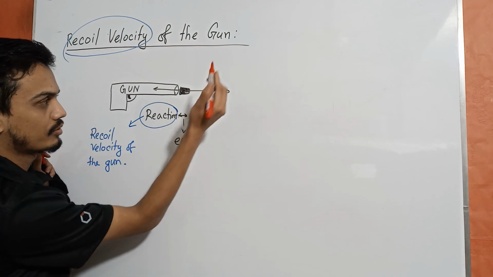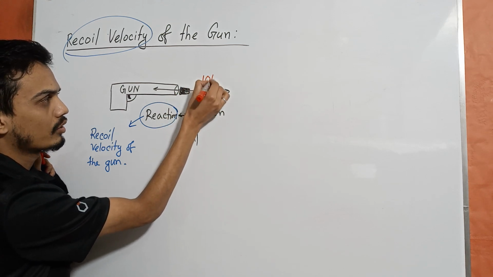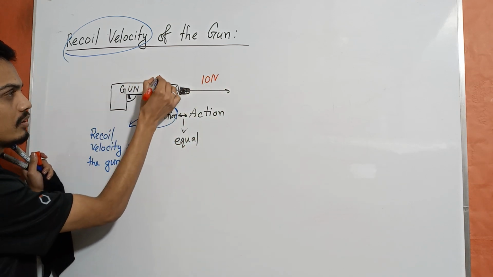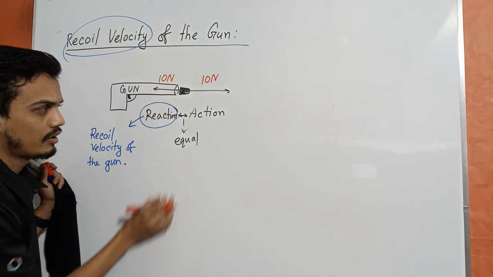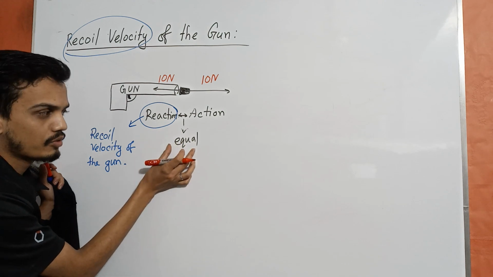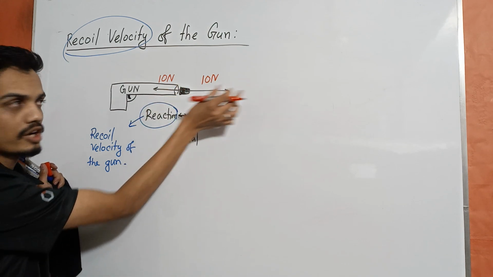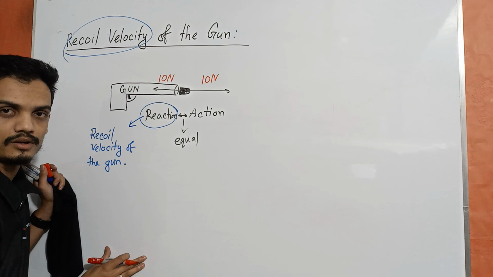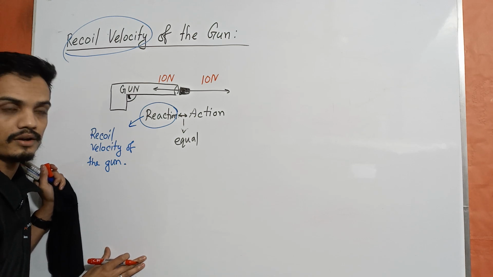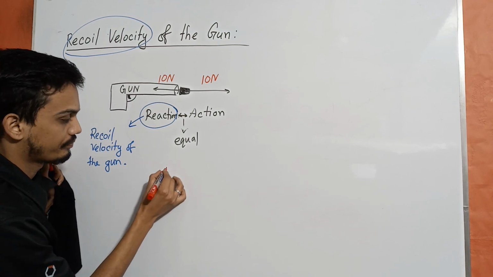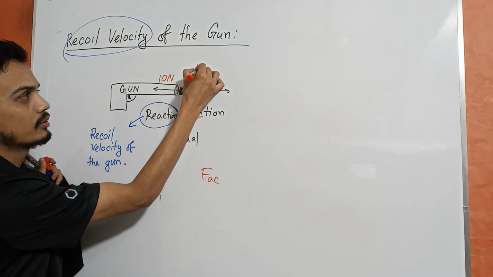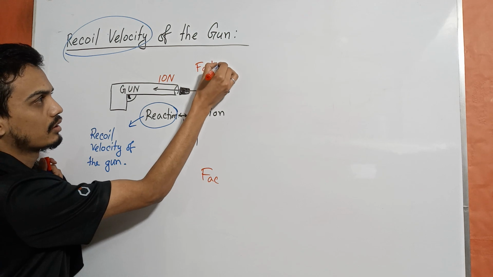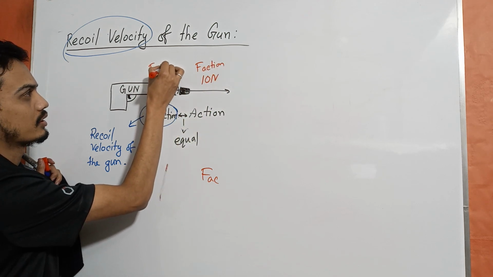If the action's value is 10 Newton, the reaction value must be 10 Newton, because action and reaction must be equal. This is the force of action, this is the force of reaction.